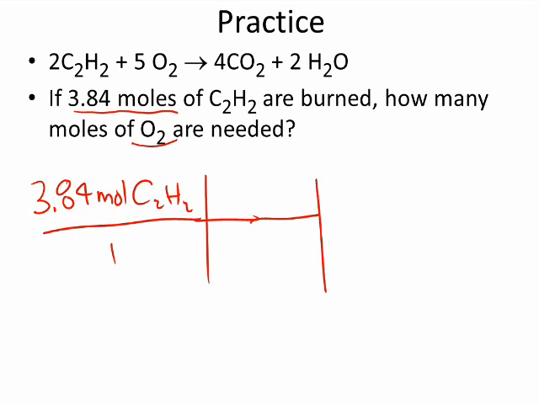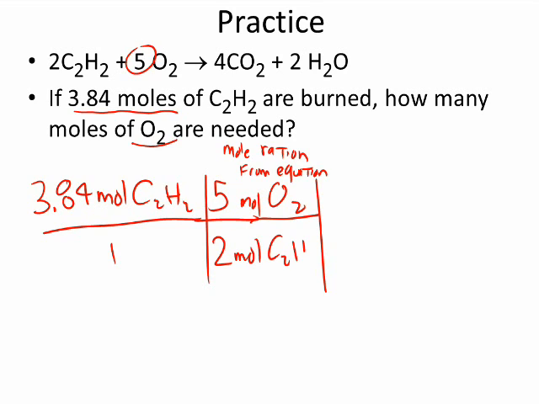And what is our ratio? We go with a mole ratio in the middle. And we want O2 on top, so we'll put that. We have 5 moles of O2 from the equation. So this mole ratio is from the equation, and that is to 2 moles of C2H2.